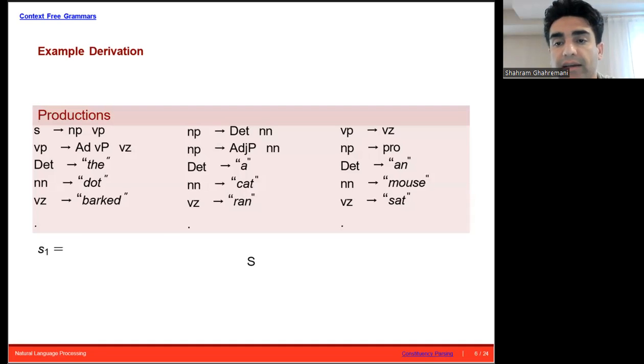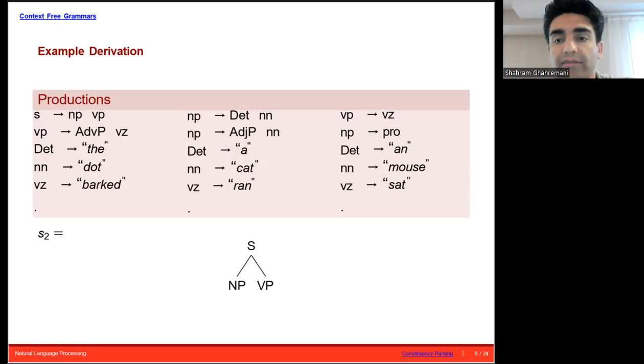We have some grammar defined by a bunch of productions, and then we have our derivations. The first derivation, S1, is just the start symbol. And we replace the start symbol with some rule from our grammar.